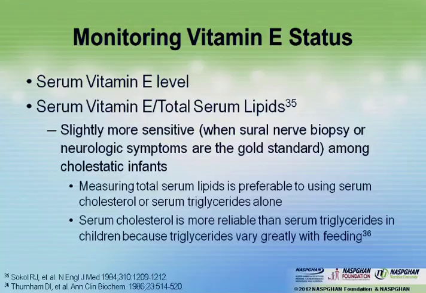What they then looked at was, because vitamin E is fat soluble, the total serum lipids. And when they did the vitamin E to total serum lipid level, they found that those patients who were missed by measuring just vitamin E were picked up.